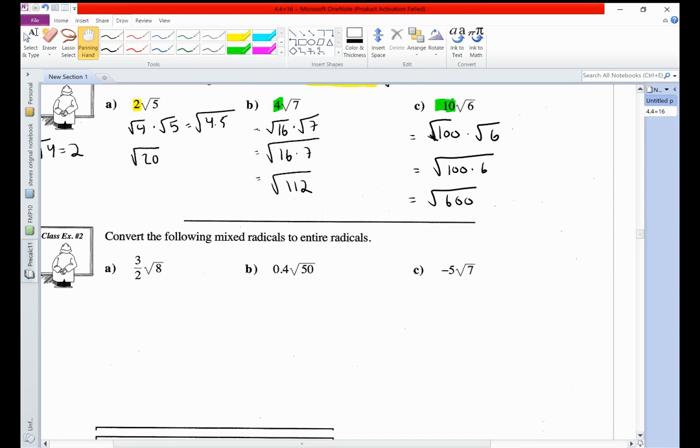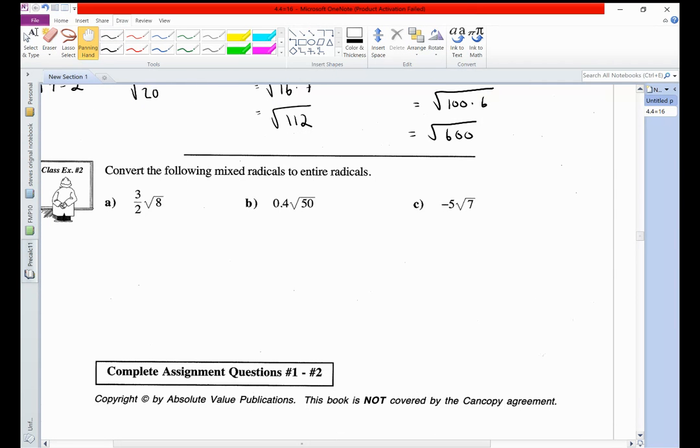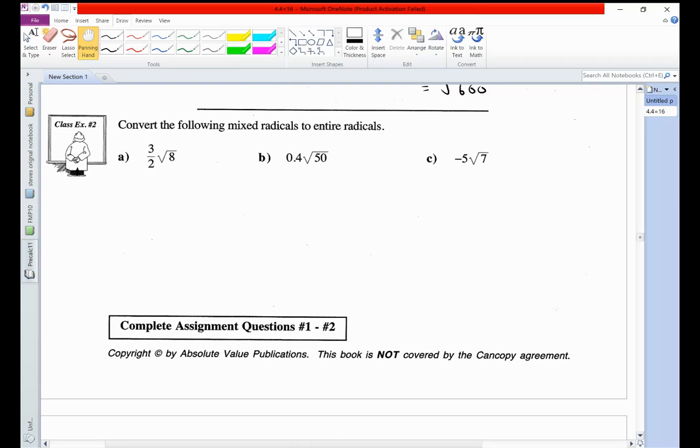There's a few key things to remember here. If you are doing this and the number out in front of the square root is a fraction, what you want to do is deal with them each one at a time. So you can say, well, if we're dealing with the 3, we know that can be written as the square root of 9. And then now we're dealing with the 2, that can be written as the square root of 4, all multiplied by the square root of 8.